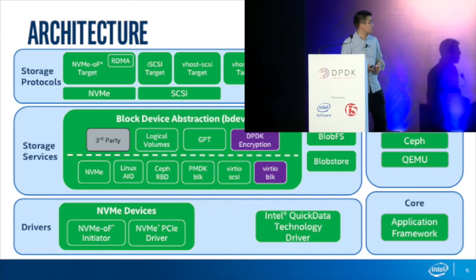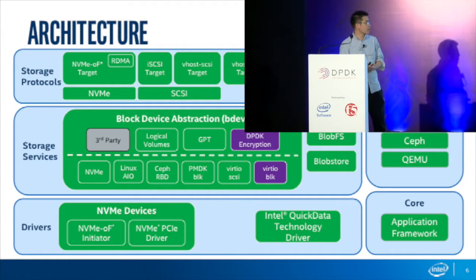And you can see that in the storage service layers, we have several user space block layers, which are similar to the block layer in kernel space. For example, we have the user space block device constructed by user space NVMe drivers. Also, we can encapsulate the Linux AIO drivers.